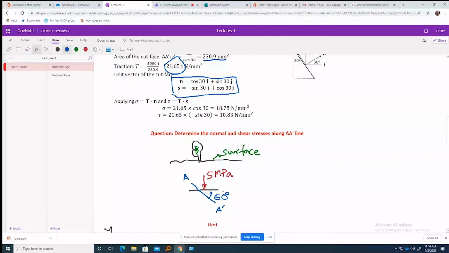Or I can say that the normal stress vector along the horizontal plane is 5 MPa. Now this plane has rotated 60-degree clockwise. Okay, 60-degree clockwise, and you have to tell me what will be the traction as well as the normal and shear stresses along the AA dash line. I give you 2 minutes and tell me the answer.